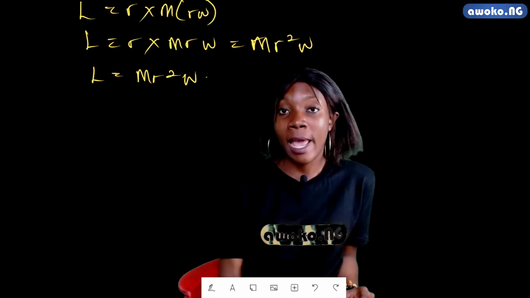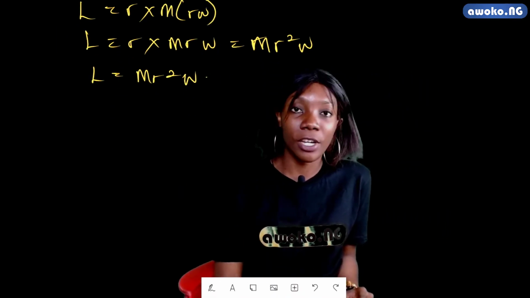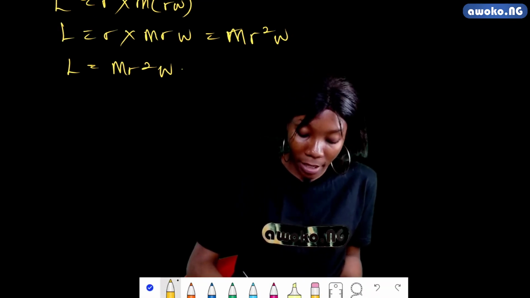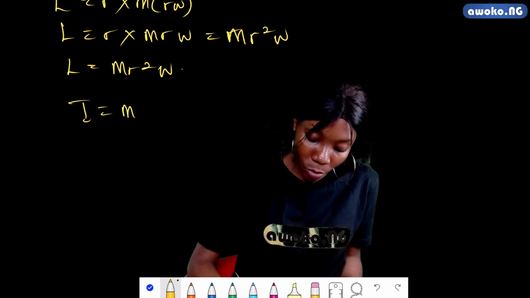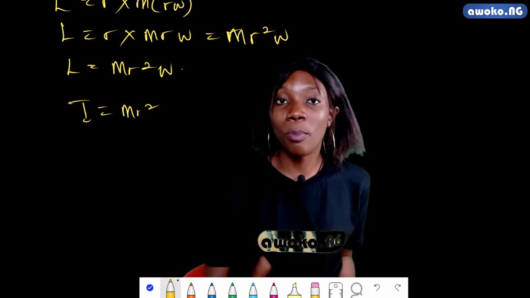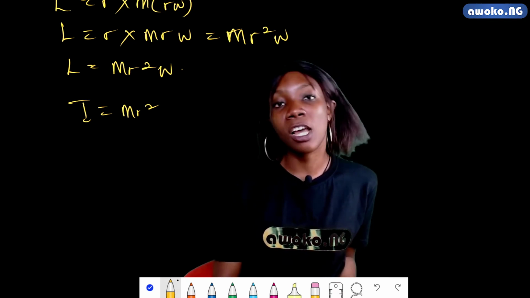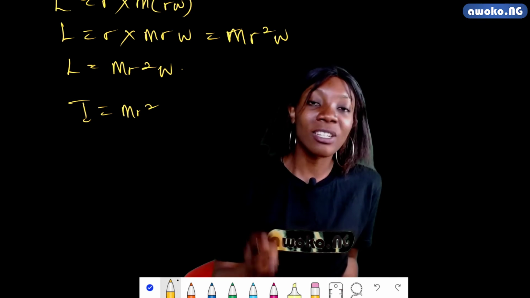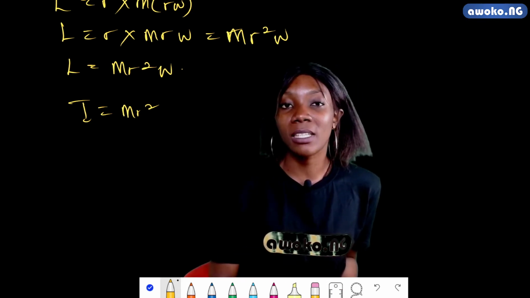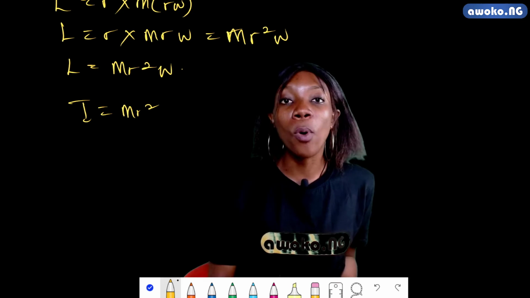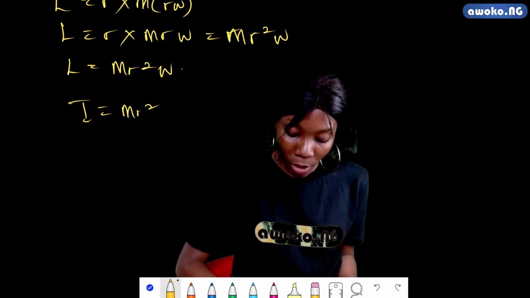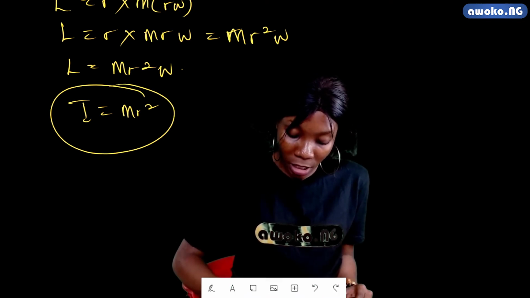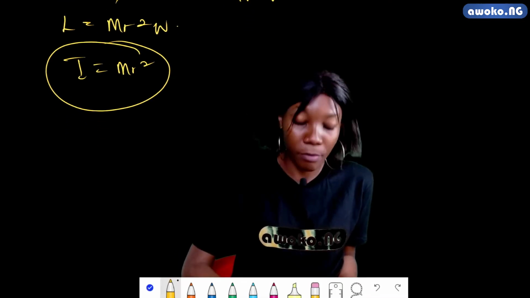Now there is a term called moment of inertia. This moment of inertia mathematically is given as I equals m r squared. If we're looking at an entire body about a point, it's defined as the sum of the product of the masses of the particles and the squares of their respective distances from the axis or point.